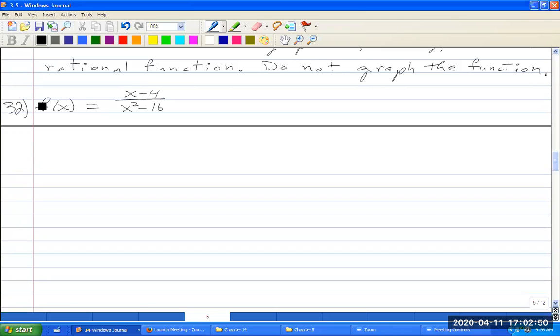This will be slightly different. If I was trying to find the domain, I would set the denominator to 0. If I want to determine a vertical asymptote, I have to be a little bit more careful. First, let's factor both the numerator and denominator.